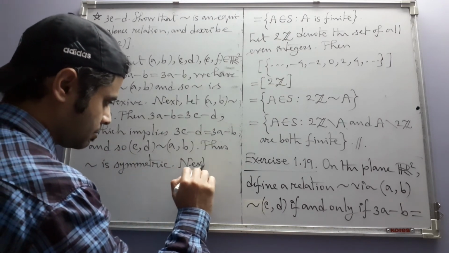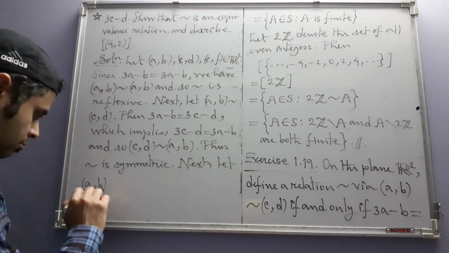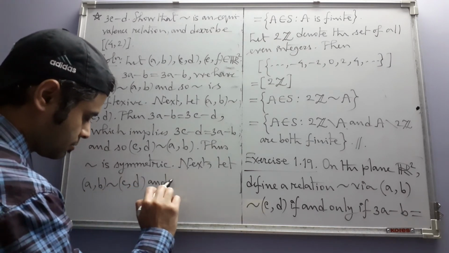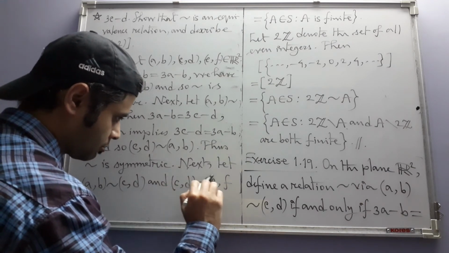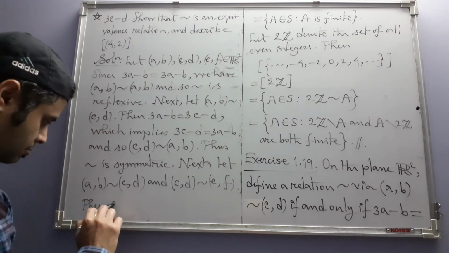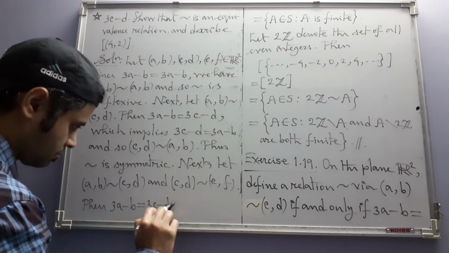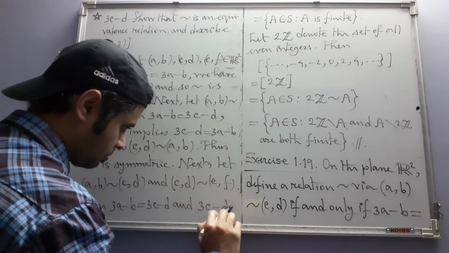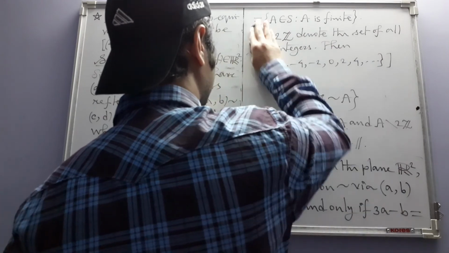Next, 3c minus d is equal to 3e minus f.